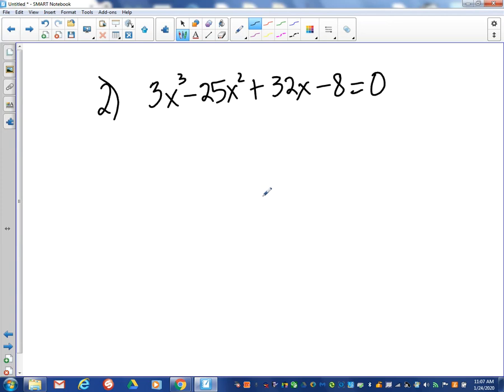Okay, no problem. So what we have to do here is list our P and Q. This is P, this is Q. Again, we do all the factors of 8, and don't worry about the sign.